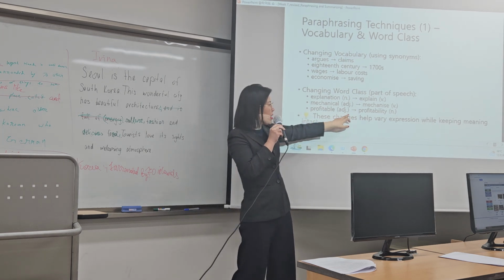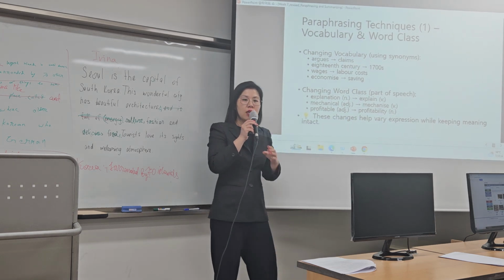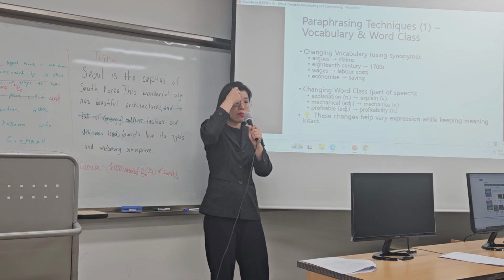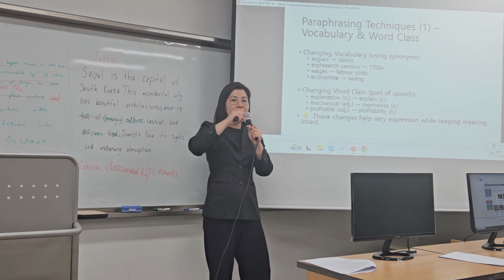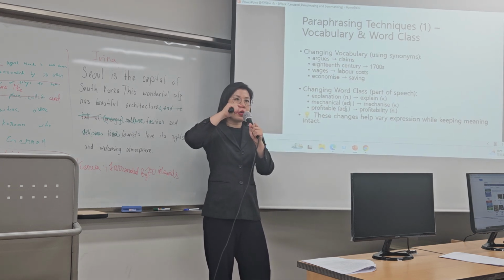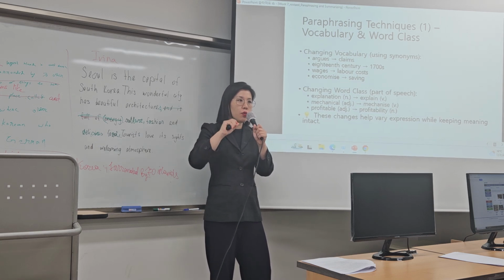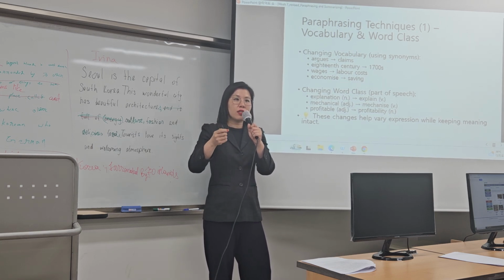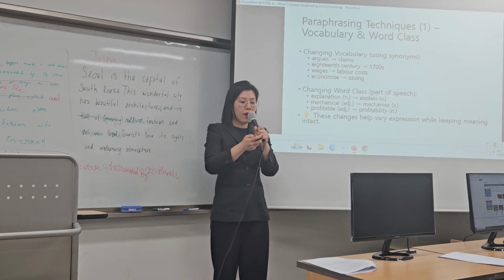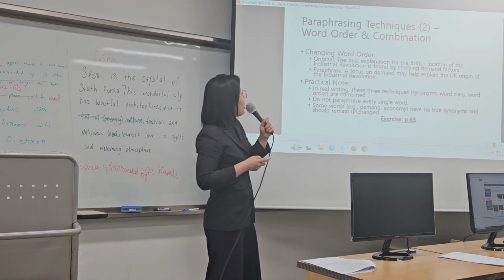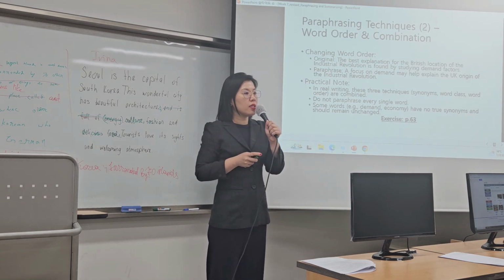And profitable, adjective, to profitability. So by changing the word class, from noun to verb, or adjective to noun, or adjective to verb, you basically change the grammar and the structure, and that way you can paraphrase as well.